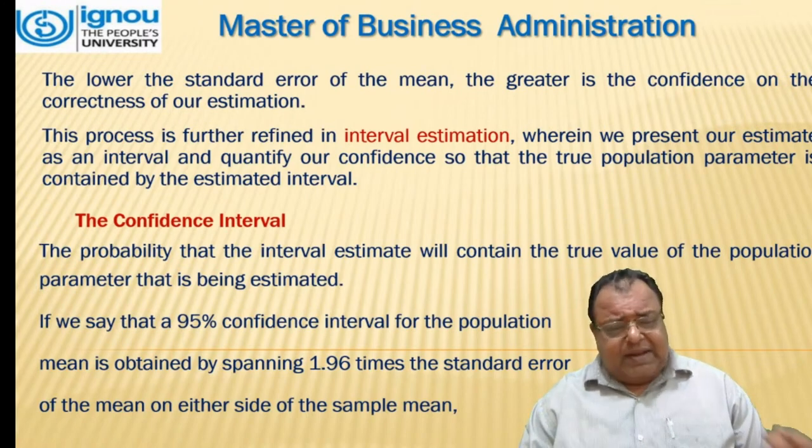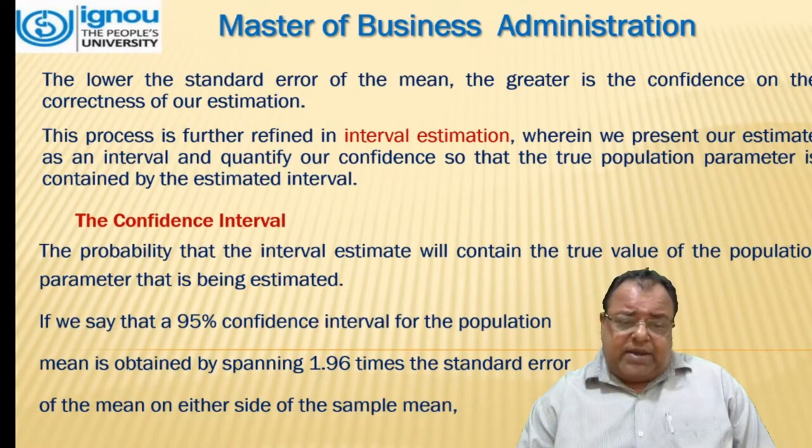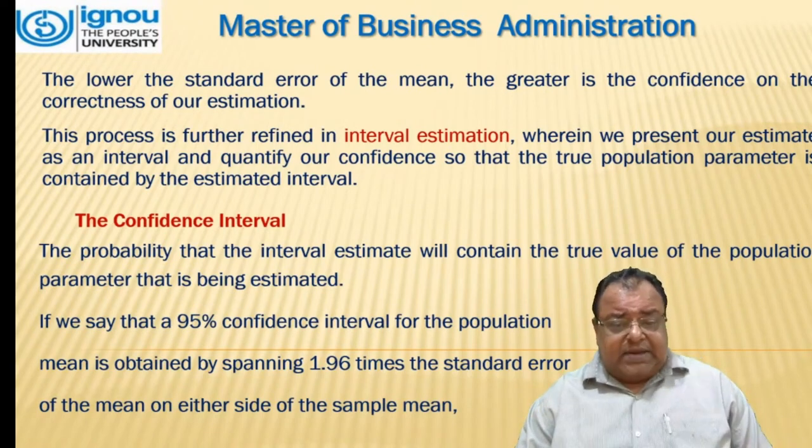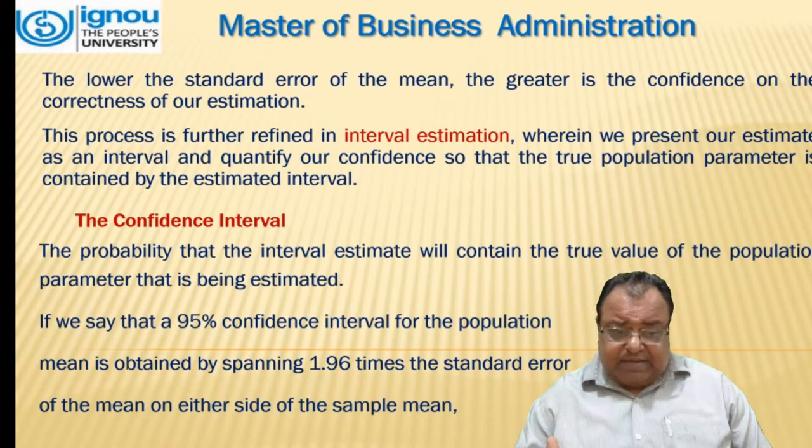Now, what is basically meant by a confidence interval? It is the probability that the interval estimate will contain the true value of the population parameter that is being estimated.